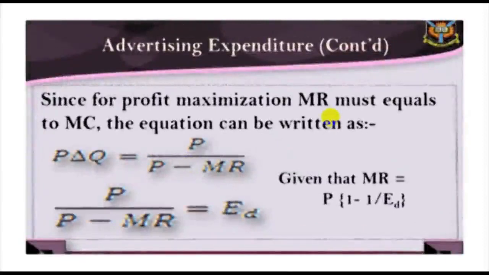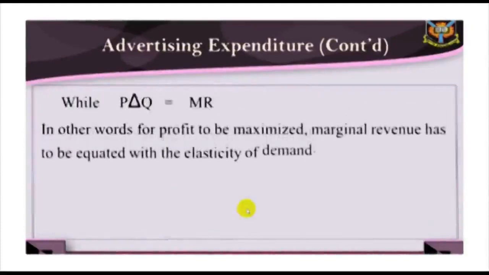Since for profit maximization, MR must equal MC, the equation can be rewritten as P times change in quantity equals P over P minus MR. Given that MR equals P multiplied by 1 minus 1 over ED, this will give us P over P minus MR equals ED, while price times change in quantity equals marginal revenue.